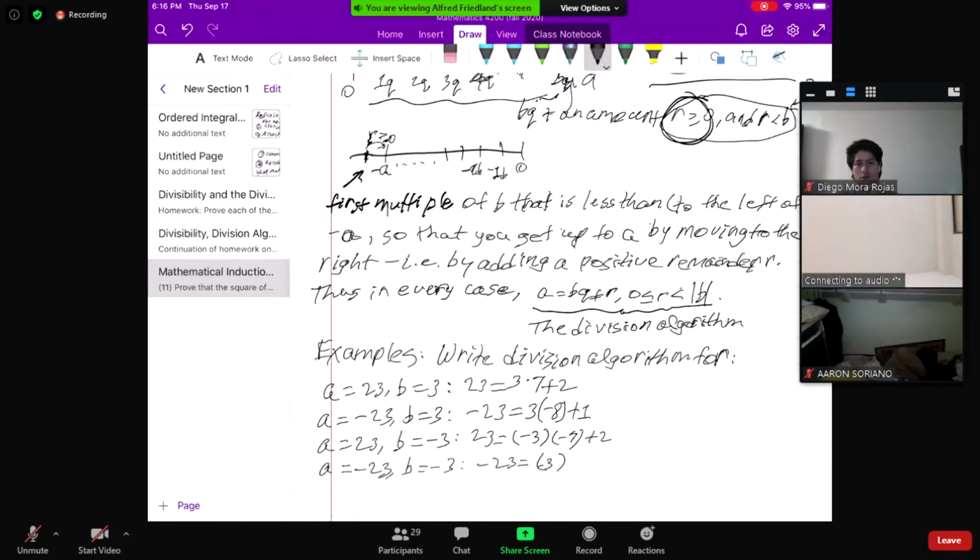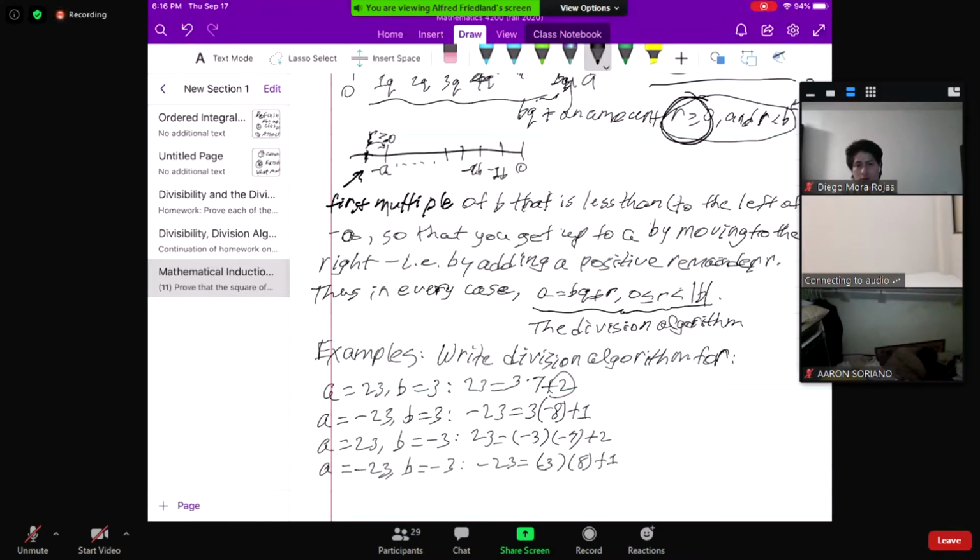Well, negative 3 times negative 7 isn't enough because we want the remainder to be positive. So for a negative number, we have to go a little to the left of that negative number, and that would be negative 8, that's negative 24. And now, as before, on the second line, to get up from negative 24 to negative 23, we will add 1.